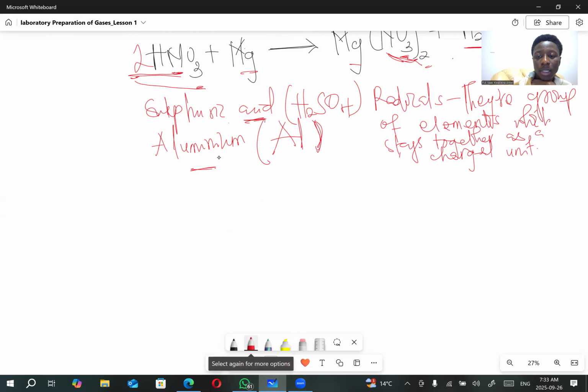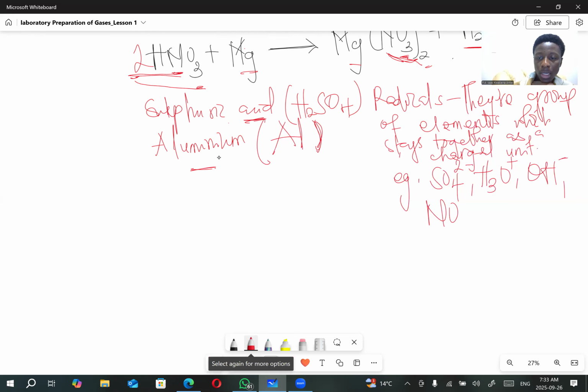Radicals are a group of elements which stays together as a charged unit. So example, there are a lot. So SO4, right? Their charge is 2 minus. H3O, hydronium, their charge is positive. Hydroxyl, OH, their charge is minus.